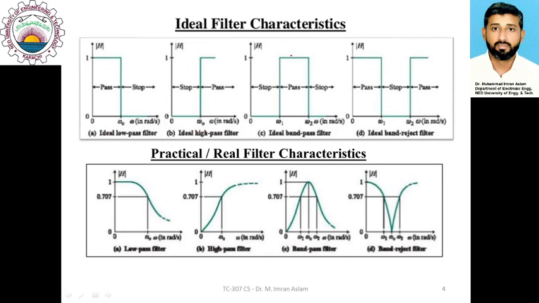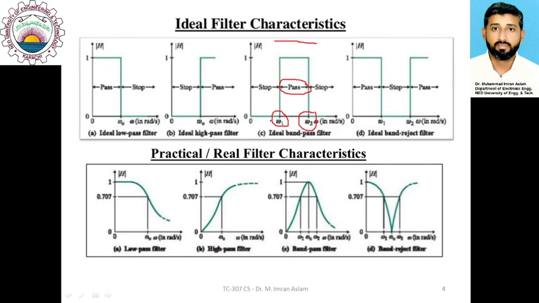The third category is the band pass filter. As you can see from this amplitude response, there is a band of frequencies which comprises the pass band of this filter. The pass band starts from a specific cutoff value of omega 1 and stops at a cutoff value of omega 2, so it has two cutoff values.